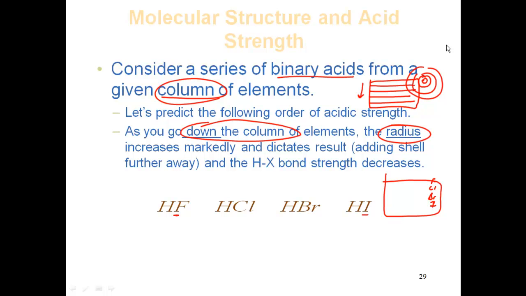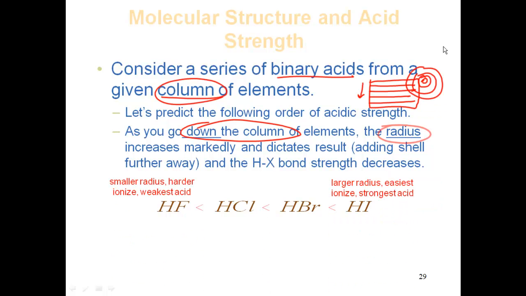F, that's my smallest anion, therefore it's the closest to the hydrogen. Therefore, it's going to be the hardest to pull off that hydrogen, and it's going to be the weakest acid. So HI is the largest radius, easiest to ionize, and the strongest acid. Next will be HBr, next will be HCl, and then HF will be my weakest acid. Smallest radius, hardest to ionize.